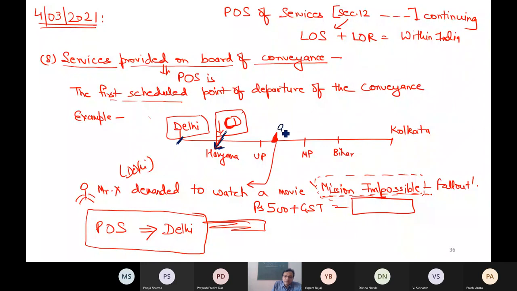And now when the passenger is in UP, he asked to watch a movie. In that case, what is the place of supply? Someone has given me the answer, place of supply Haryana. Is Haryana correct? Or does the place of supply still remain Delhi? What do you say?